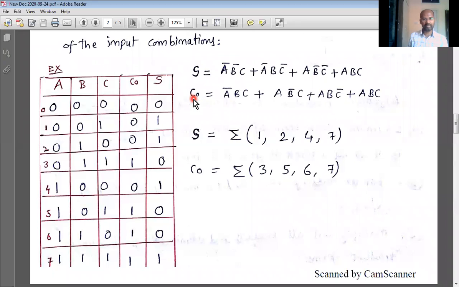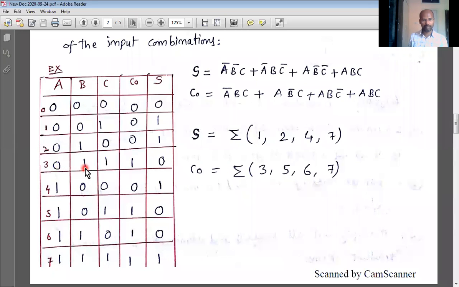Next, let's write down the canonical sum of product for carry. Now this is the carry. Identify for which input combinations the output is 1. Here the output is 1, here, here, and also here. So this forms a true minterm. What are the true minterms?